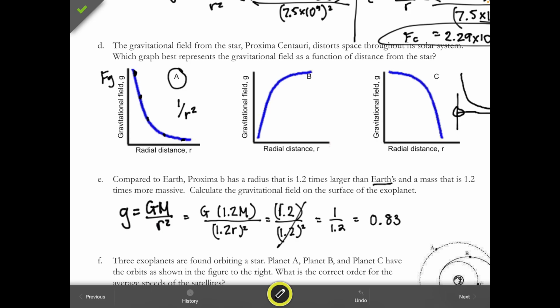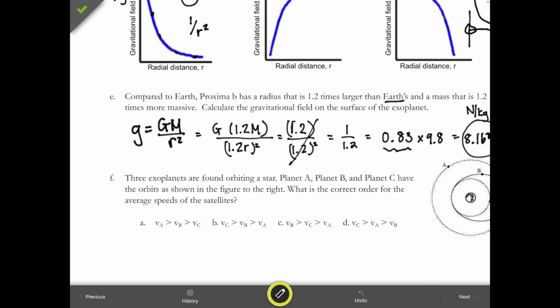So if I want to calculate this precisely, it's about 83% of Earth's field. So multiplying by 9.8 gives me 8.1 meters per second squared, or newtons per kilogram. Please note that newtons per kilogram and meters per second squared are the same unit.